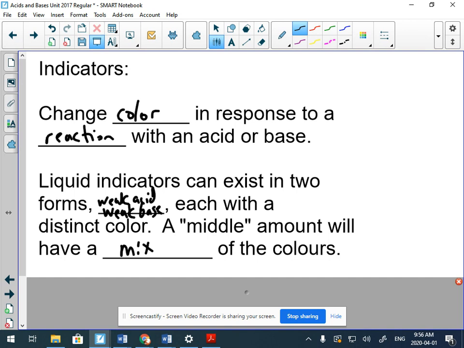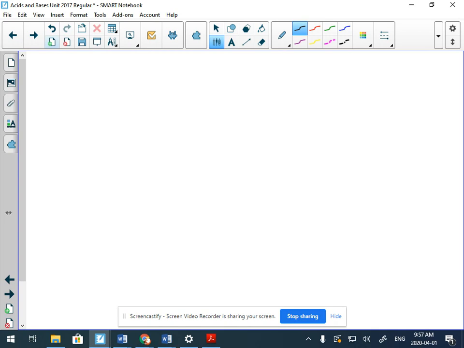Now, in your data booklet, there is a list of indicators. I'm rustling through my data booklet on page 10, and I'm just breaking down a few pieces of it, because it is kind of confusing. Let's just pick methyl orange. This is on page 10, so pause the video, get your data booklet, turn to page 10.